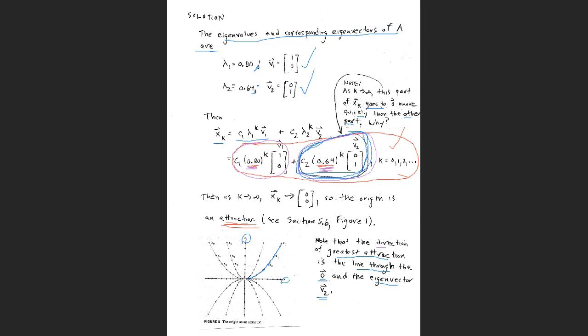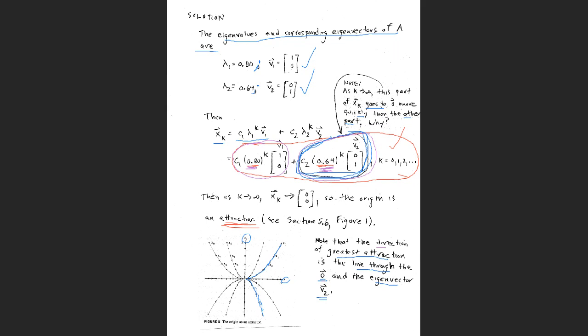Any of these solutions, if you look at how they approach the origin, as you get close to the origin, the solutions appear to be tangent to the x1 axis or the x2 axis. And let me see, there's some responses. The x1 axis.